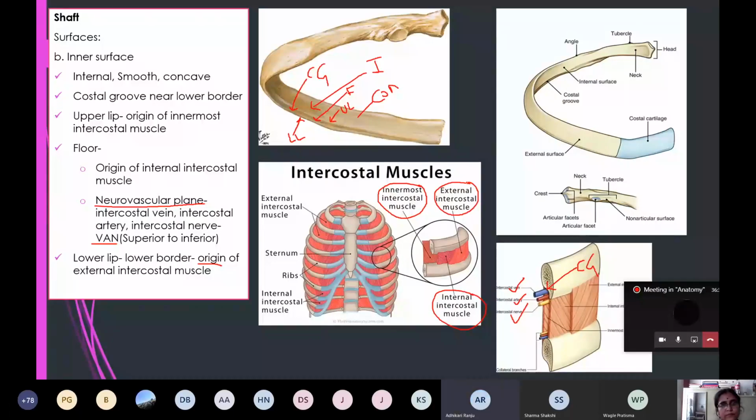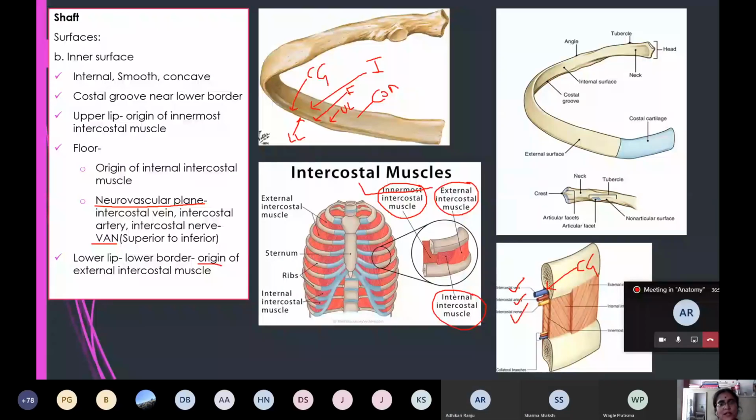Upper lip, floor and lower lip. Very good. The upper lip provides origin to which muscle? Innermost intercostal muscle. Yes. On the floor, there lies the neurovascular bundle.